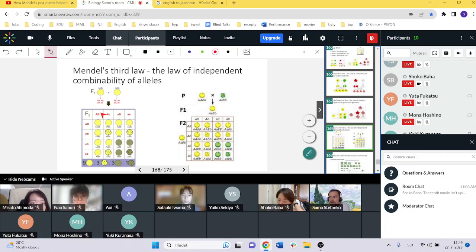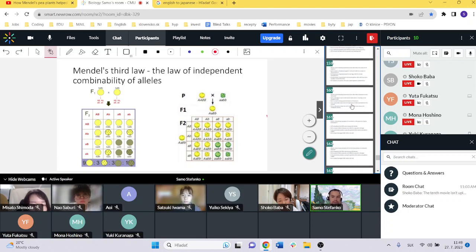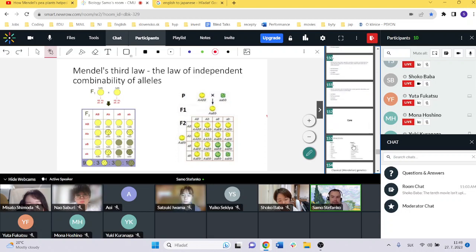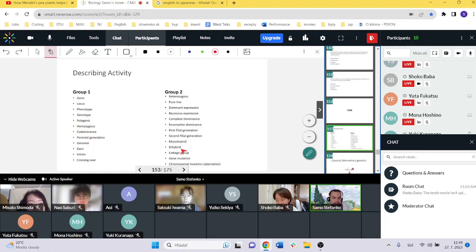B. If we are observing two traits, I hope you remember that we call it dihybrid, because we are observing two traits. If we were dealing with another additional trait, it would be trihybrid.